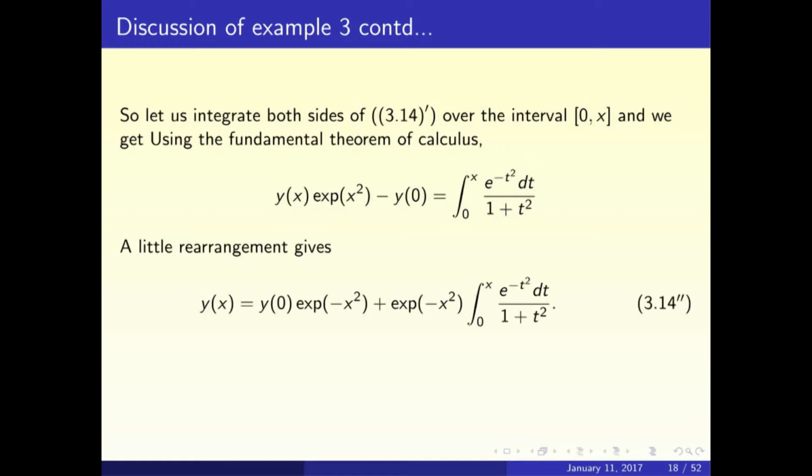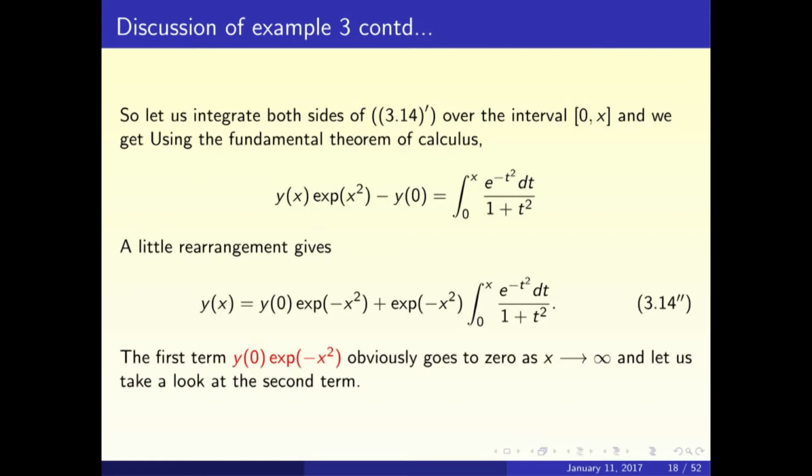A little rearrangement will give you y of x equals y of 0 exponential of minus x squared plus exponential of minus x squared into integral 0 to x e to the power minus t squared dt upon 1 plus t squared, which is equation 3.14 double prime, which is displayed in the slide.